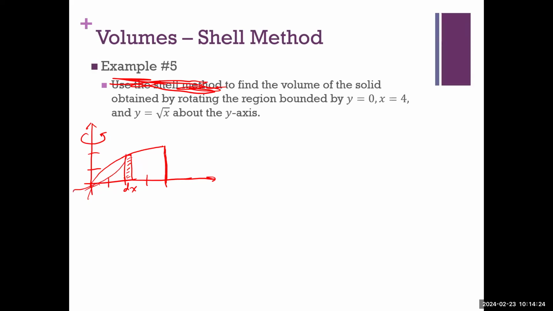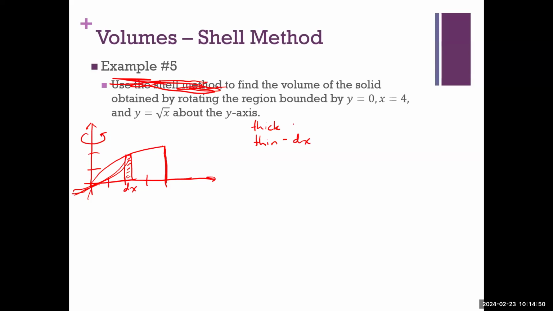So tall rectangle, thin cylindrical shell. The words I'm using there are vague, but when I say things like thick and thin, in this case, what is the thickness of that cylindrical shell? dx, right?